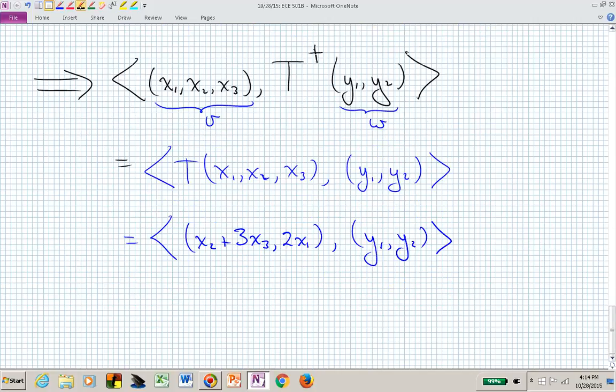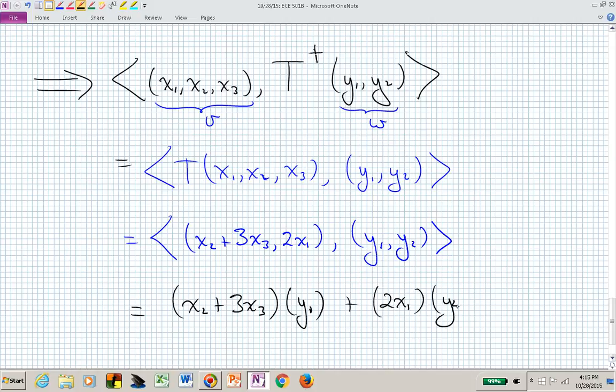If we apply the Euclidean inner product, we now just multiply, and this is in R2, we don't have to conjugate anything. We just multiply the coordinates and add up the products of those coordinates, meaning we have X sub 2 plus 3X sub 3, the first coordinate in the first slot times the first coordinate in the second slot, plus 2X sub 1 times y sub 2.